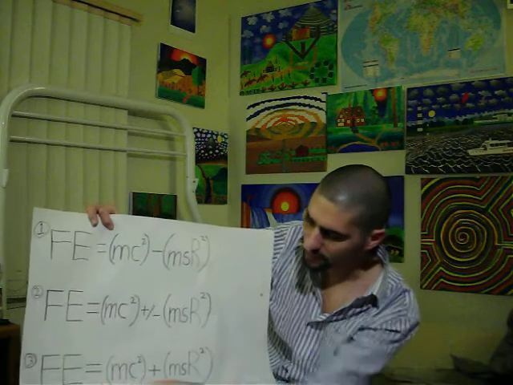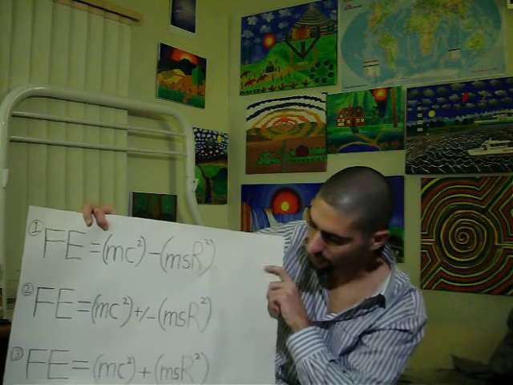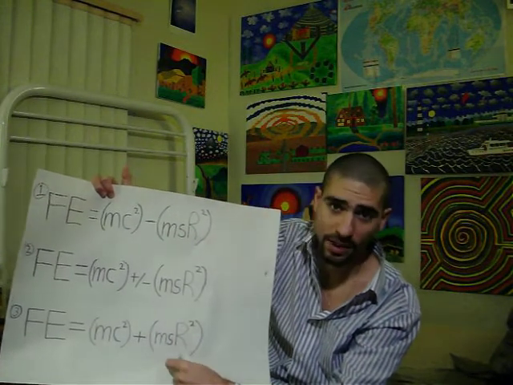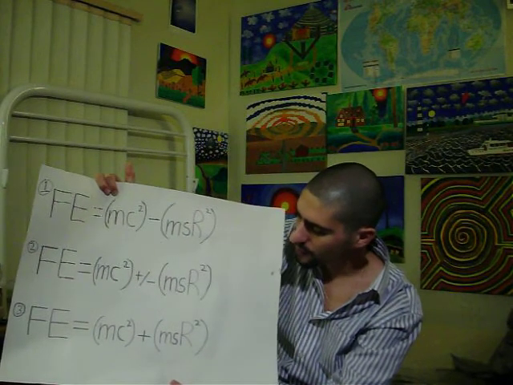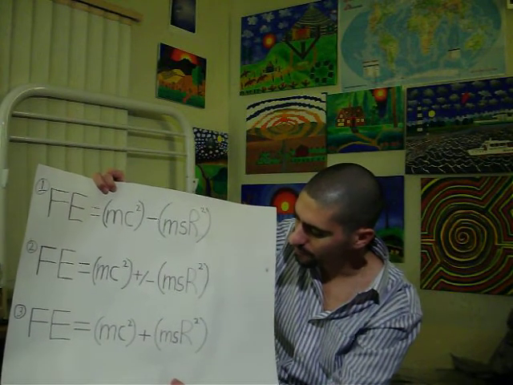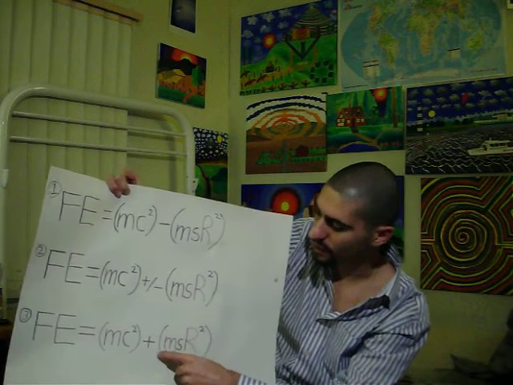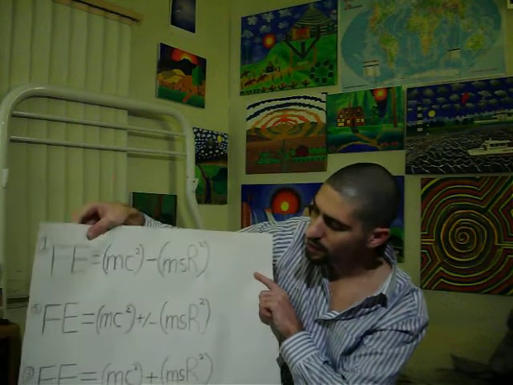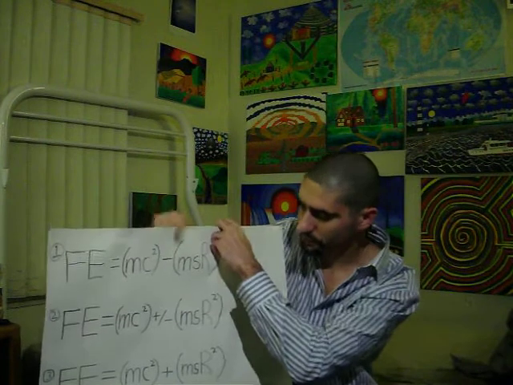The third state is fusionary energy equals mc squared plus msr squared. Now, this has to do with core reactions, but also antimatter-matter conversions, AMCs, as we call them. So that occurs at the core of a star, and also where antimatter and matter meet out in the universe.